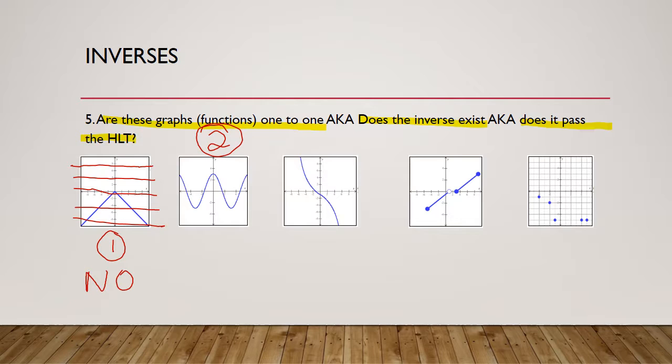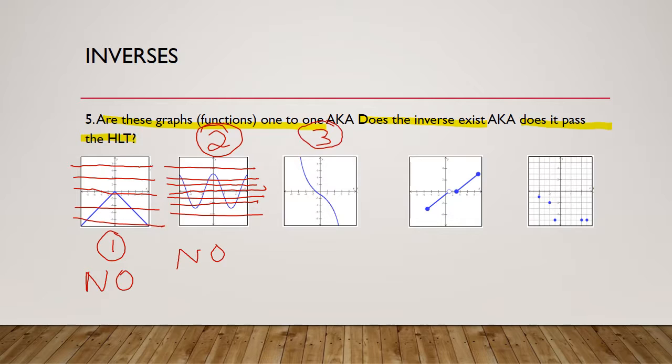Okay, let's try number 2. If I pass a horizontal line over this graph, some don't touch, but most of them are going to touch more than once. So this graph does not pass the horizontal line test. It's not one-to-one, and there is no inverse function.